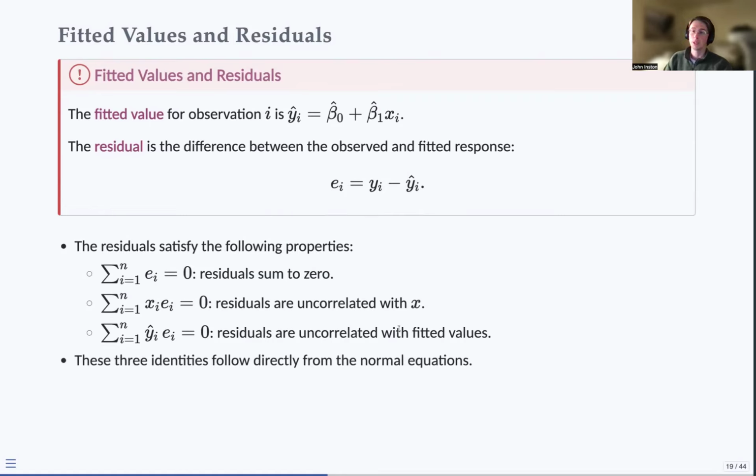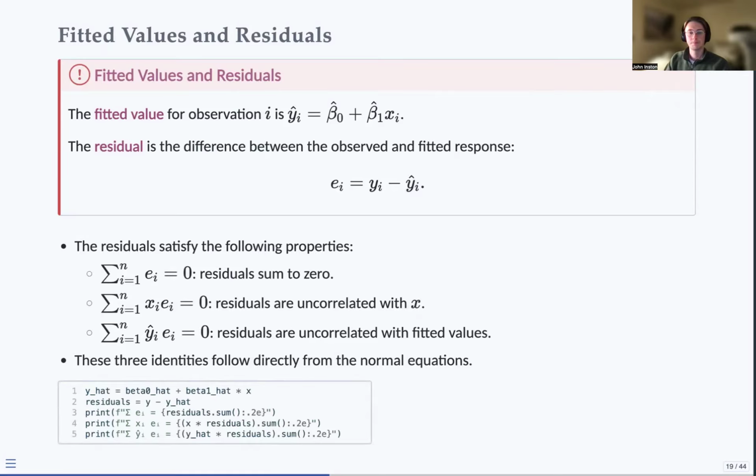Okay, which is what it means when I say they follow from the normal equations. So you can reverse engineer these properties by plugging back in ei, then yi hat, and then doing the computations with the resulting expressions, the algebra, and they'll follow through.